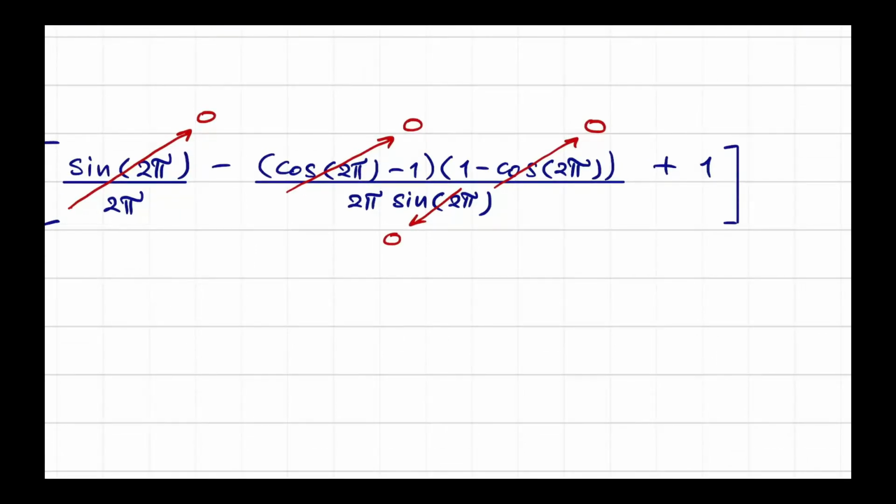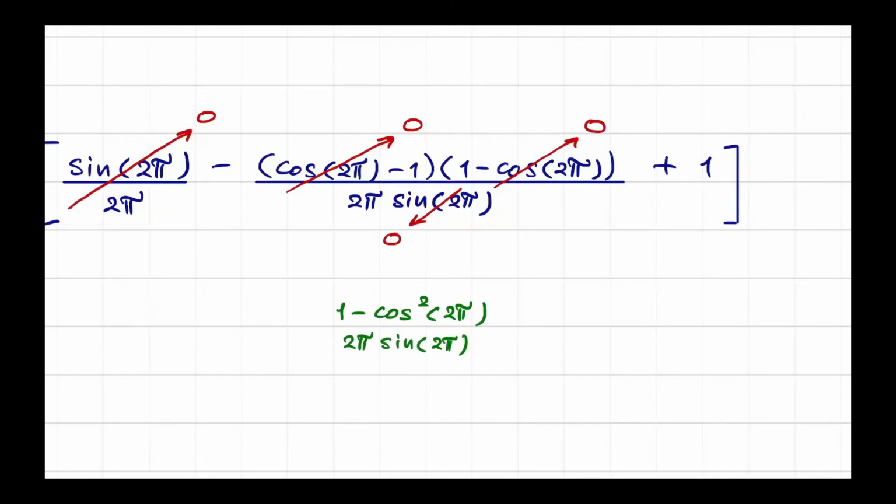Evaluation by L'Hopital's rule. This one you end up with something like 1 minus cosine square kl, cosine square of, let's say, 2 pi, over 2 pi multiplied by sine 2 pi.